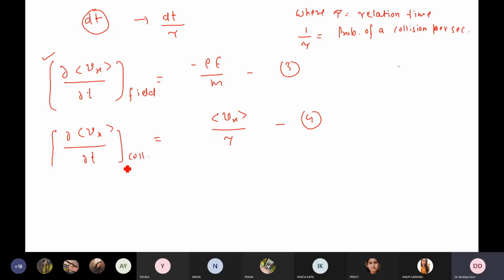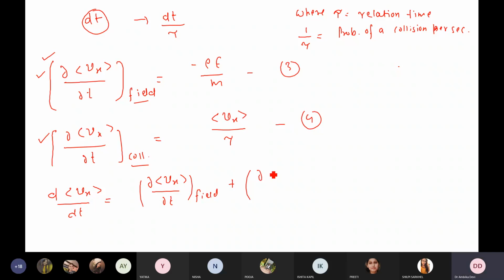Now the net rate of change of average velocity with respect to time is this plus this. This is due to the applied field and this is due to the collisions, so we have to add both of these terms. So dvx by dt due to field plus dvx by dt due to collision, where x is in subscript, please note that.